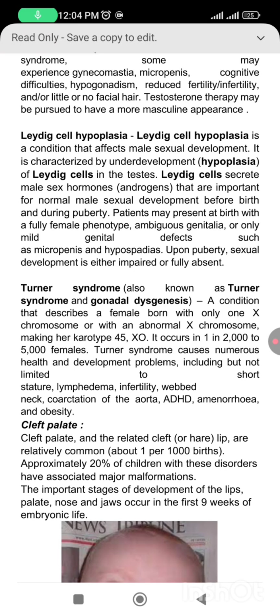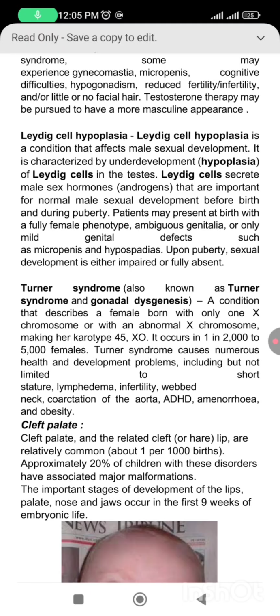Next one is Turner syndrome, also known as gonadal dysgenesis. A condition that describes a female born with only one X chromosome or with an abnormal X chromosome, making her karyotype 45XO.